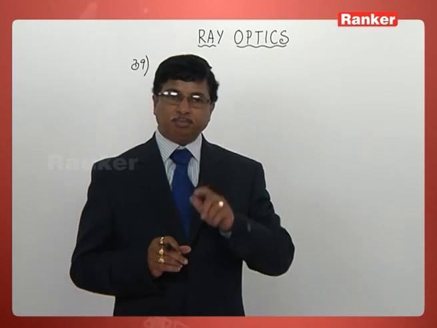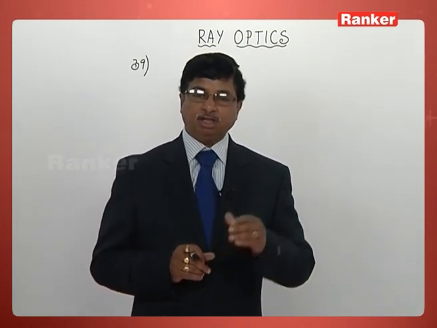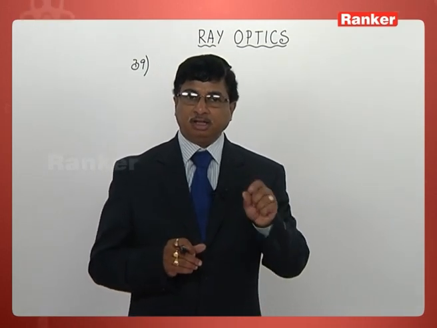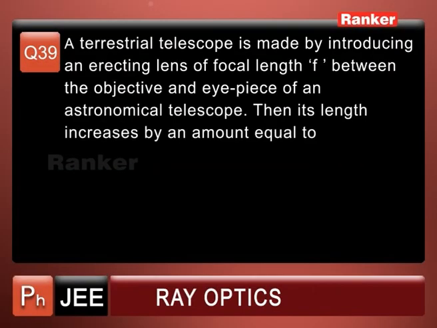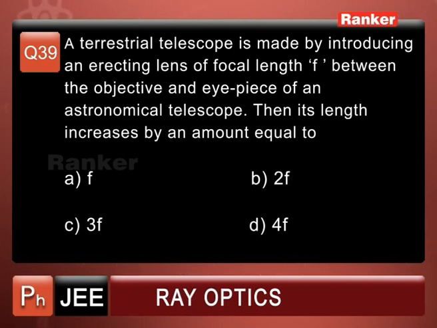So, this problem is simply based on the comparison of astronomical and terrestrial telescope in terms of their lengths. So, let me read out the question first. A terrestrial telescope is made by introducing an erecting lens of a focal length f between the objective and eyepiece of an astronomical telescope. Then its length increases by an amount equal to what?